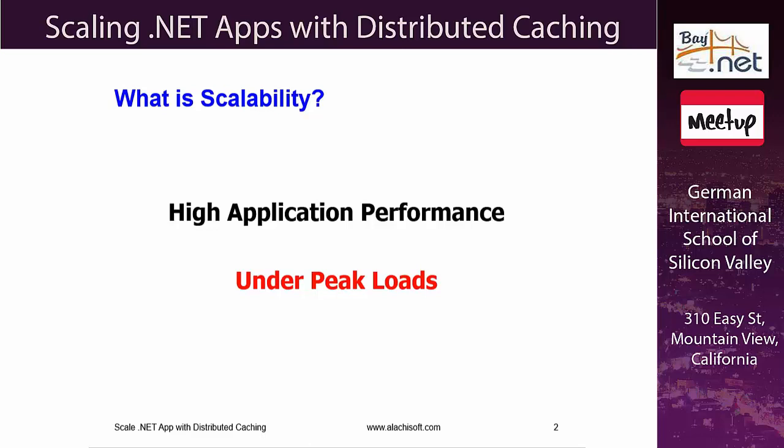I know that you know this already, but scalability is high application performance under peak loads. What that means is you often confuse performance with scalability. If you have an application with only 5 users and performance is really good, your application is not necessarily scalable until you go to 5,000 or 50,000 or 500,000 users and you still have the same good performance.